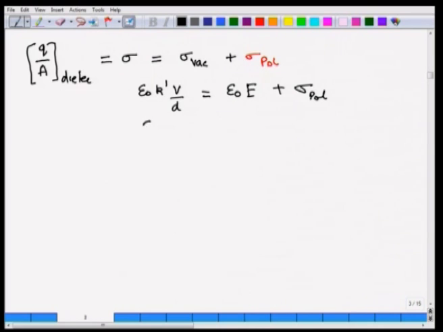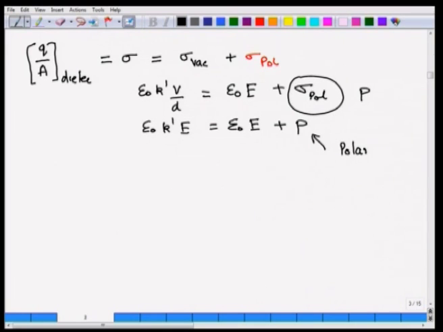So, we can write this as epsilon naught K prime E equal to epsilon naught E plus this quantity which we define as polarization, and hence I am going to write it as P, polarization, and this is the key term, polarization, which will have a dimension of coulombs per meter square.